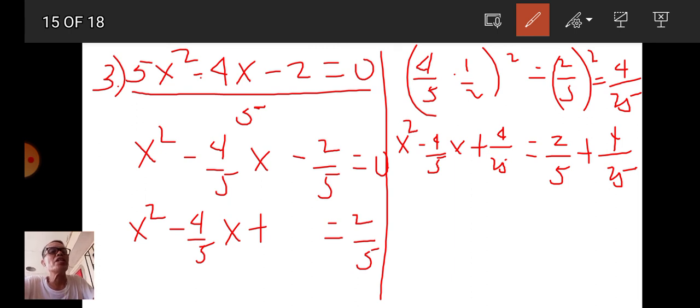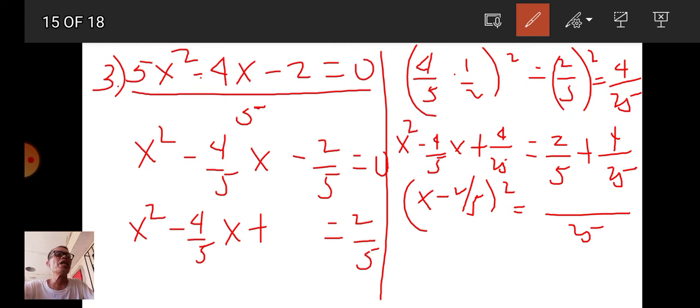Then factor out the left side. You will have x minus 2 over 5 quantity squared is equal to, the common factor is 25. So 25 divided by 5 is 5 times 2 is 10, plus 25 divided by 25 is 1, 1 times 4 is 4.